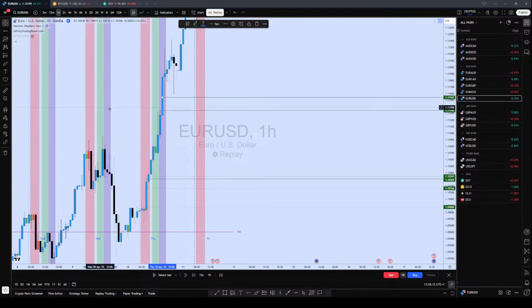So in future, if price is coming back down, all the gaps that were created during that day are highly likely to be respected, because price never pulled back to them.